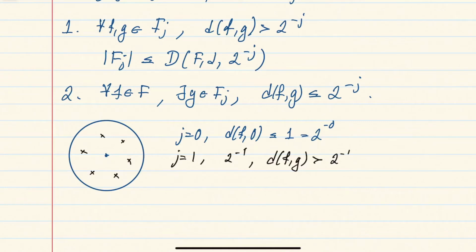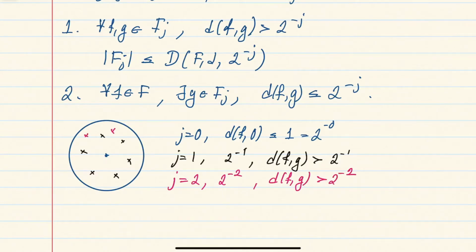Now, once we cannot find any more such functions, that means that the second property is automatically satisfied. All the functions left will be within 1/2 from one of these. Right? And then we just continue something similar for all j. So you take j equals 2, you're looking at the scale 2 to the minus 2, and then you keep finding functions, if possible, at a distance 2 to the minus 2 from the previous functions.